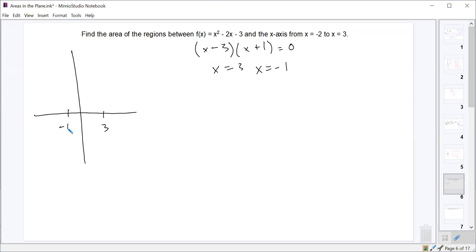This parabola opens up, and so it's going to look something like this, isn't it? It's going to cross through at -1, and it's going to cross through at 3. And so we're going to have a nice chunk of it that's below the x-axis, but we're also going to have a piece of it that is above the x-axis. Everybody agree with that?